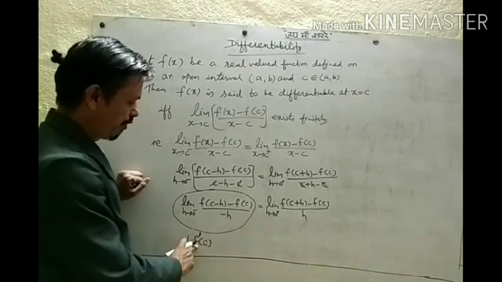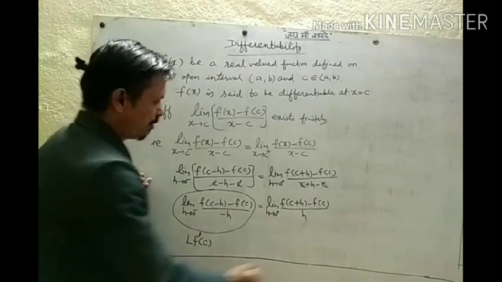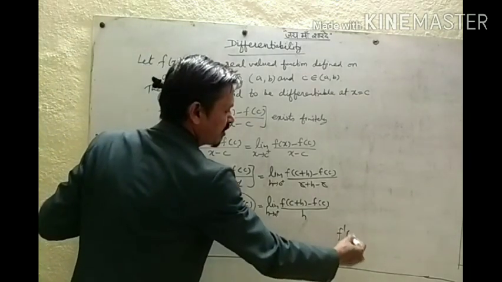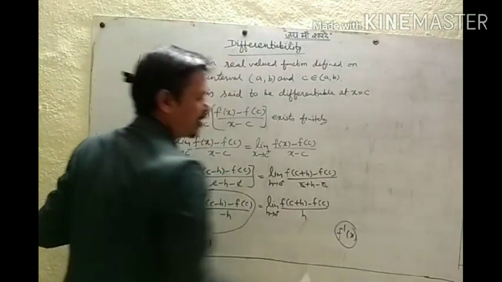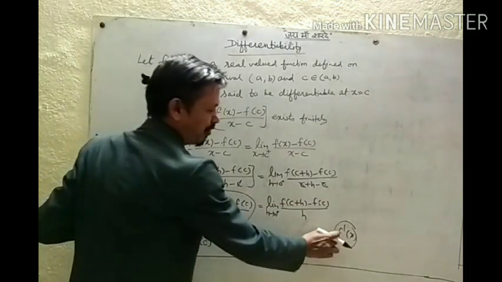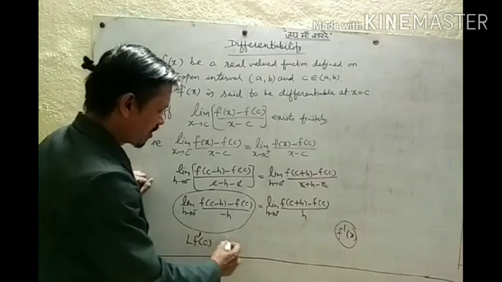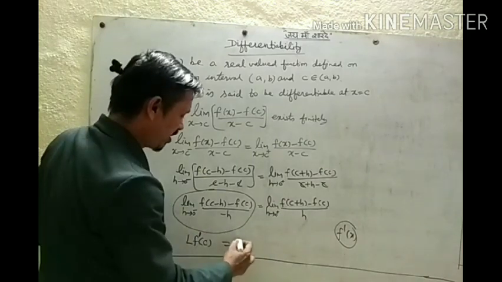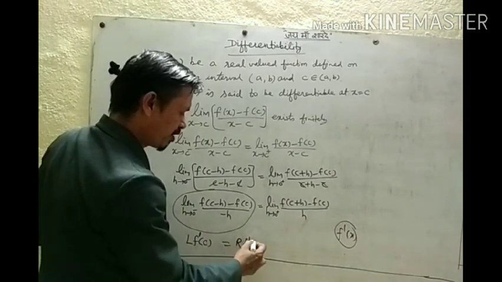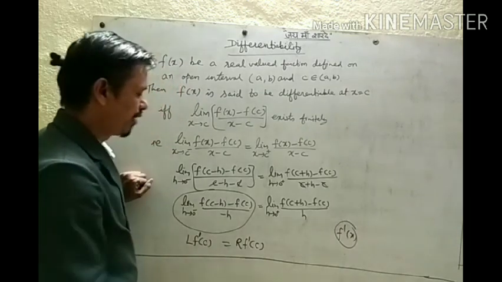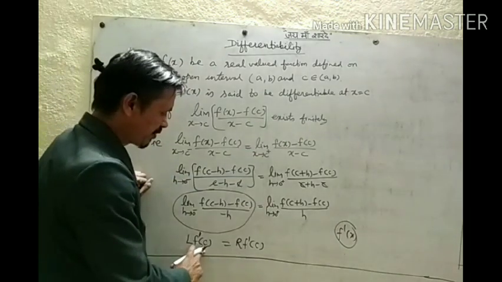For the derivative of any function f of x, we use f dash of x. And last year we have seen the derivative function, we write f dash of x. So this is the left hand derivative, and this is the right hand derivative, so we write R f dash of c. We are finding the derivative at x equal to c, so we write f dash of c.